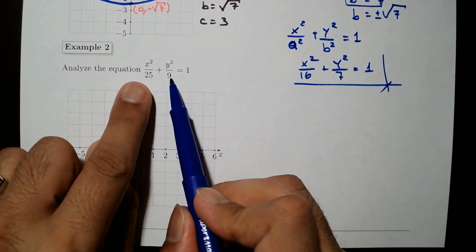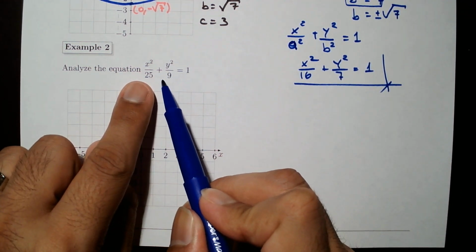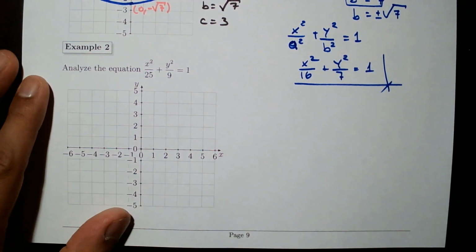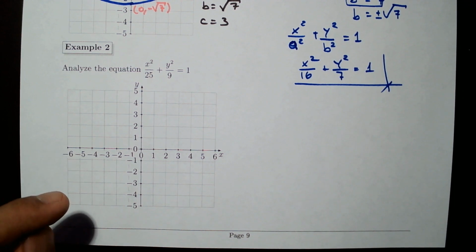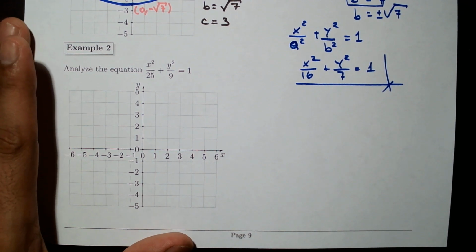Surely we're going to look at ellipses in which the y variable has the larger denominator. Those are going to open up. But for this case, we're going to have one that opens to the sides, or it's horizontal, or the major axis goes along the x-axis.